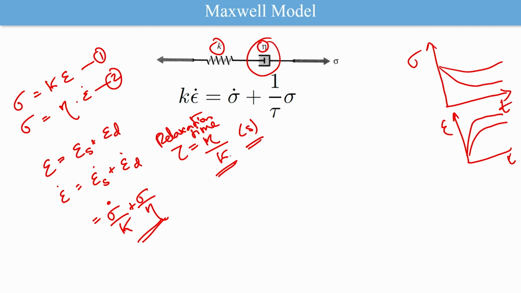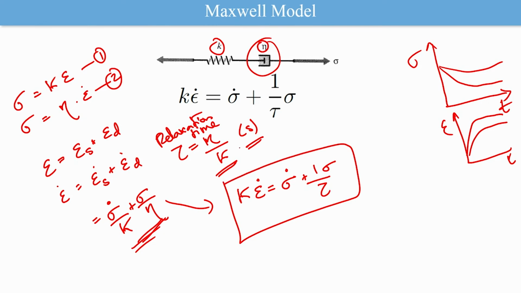This relaxation time will come everywhere. If you just solve this, you will get k into epsilon dot is equal to sigma dot plus 1 by tau into sigma.